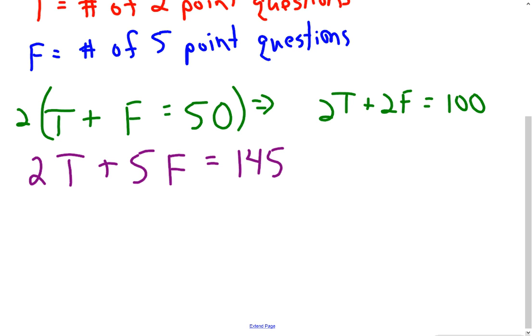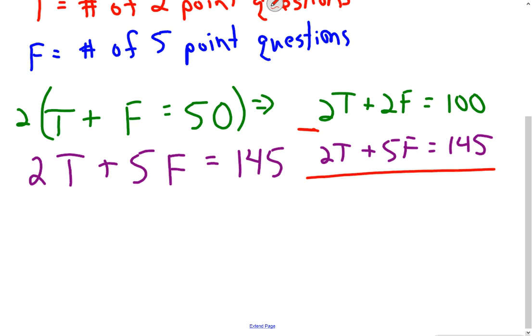The second equation, I'm just going to leave as is. So that one's still 2t plus 5f equal to 145. And now I can subtract these two equations. 2t minus 2t is 0. 2f minus 5f is negative 3f. And 100 minus 145 would be negative 45.